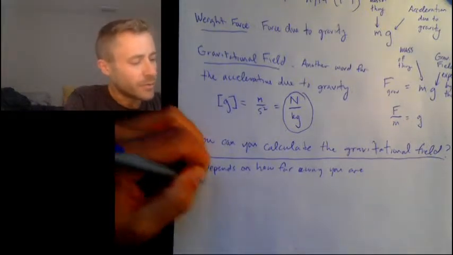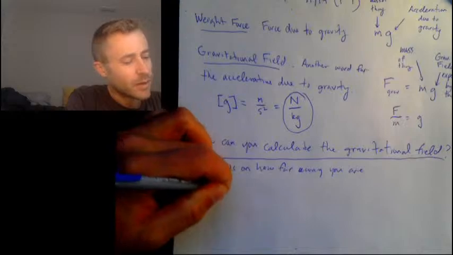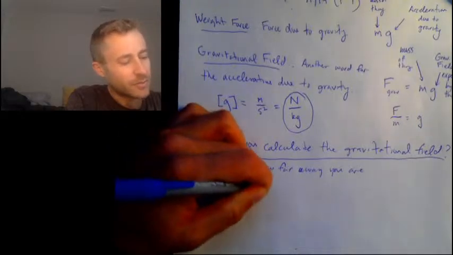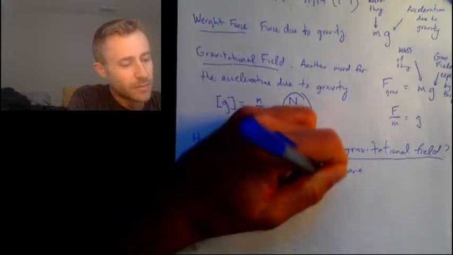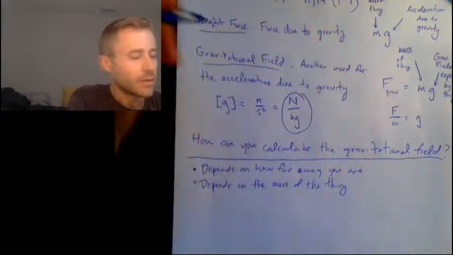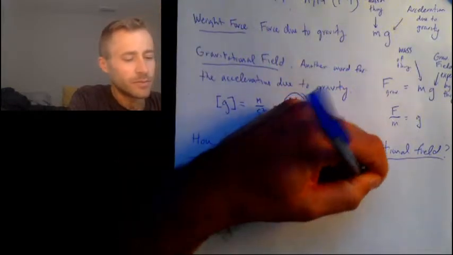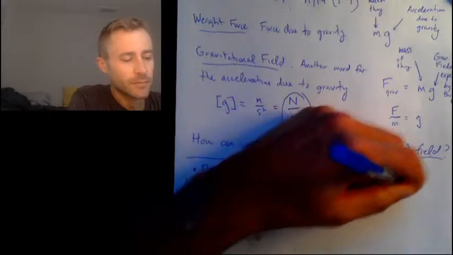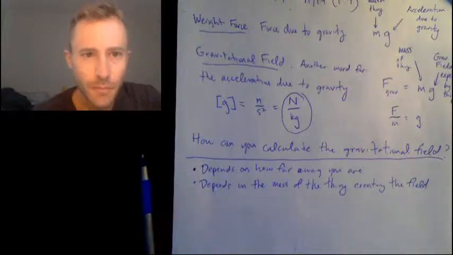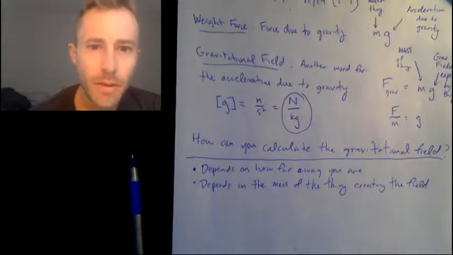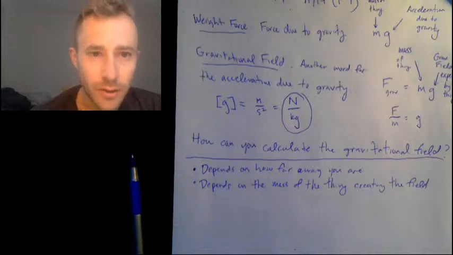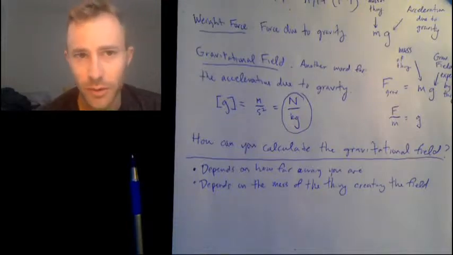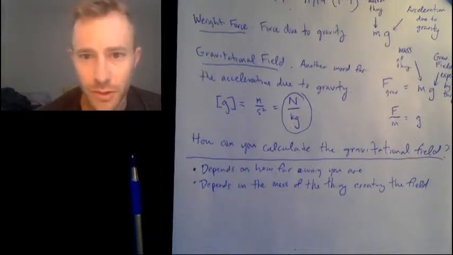And it also depends on the mass of the thing creating the field. Okay? All right. So the more massive the thing is that's creating the gravitational field, the stronger that gravitational field is going to be.